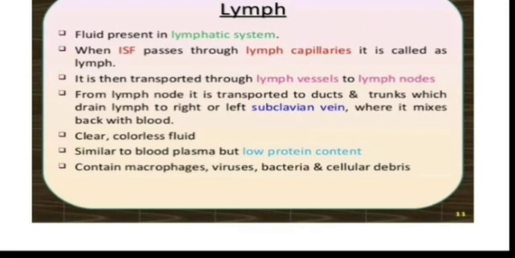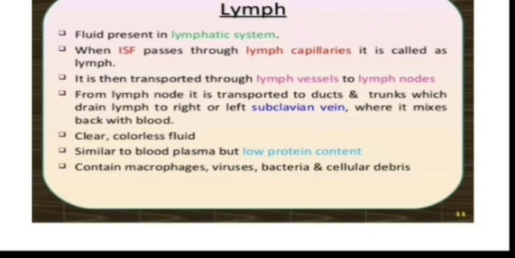Next, let's learn about lymph. We are talking about the lymphatic system, lymphatic capillaries and lymph nodes, and one by one we'll go deep. So what is lymph? It is the fluid present in the lymphatic system. When interstitial fluid passes through the lymph capillaries, it is called lymph.